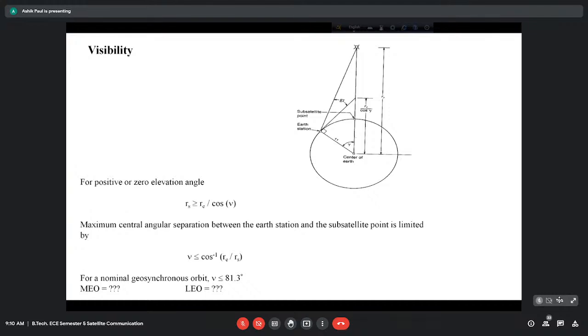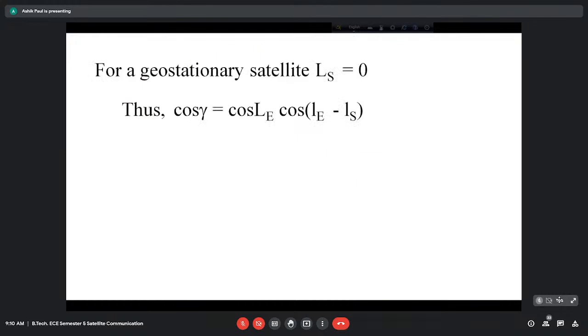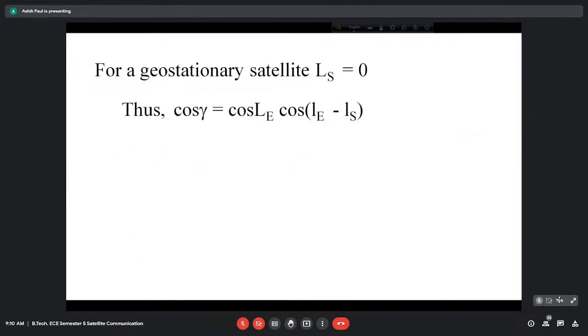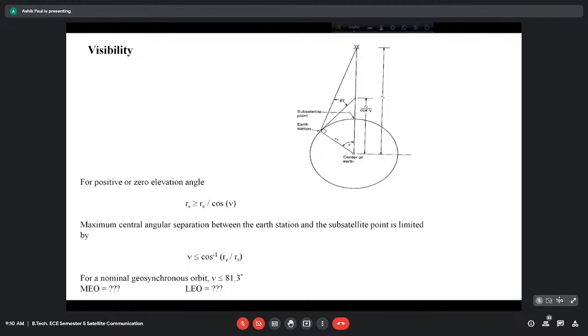So if we take a look at this particular figure, this is what we had earlier used for the elevation calculation. The only difference is that now the satellite is at a much higher position in the sky. So this is the center of the Earth. That's the Earth station, which is trying to track that particular satellite signal.